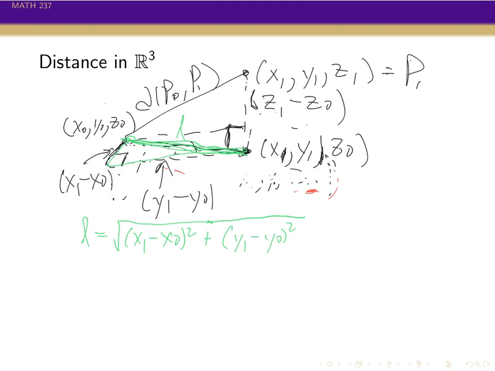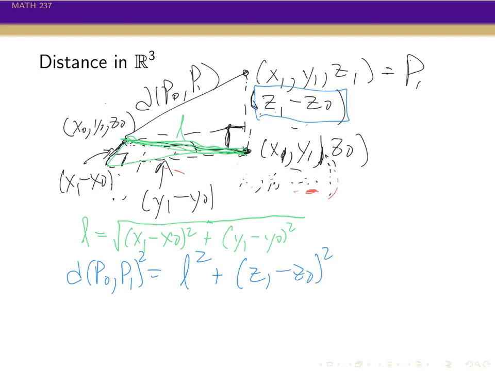Our height is coming from z1 minus z naught. And so our total distance between the two points, P0P1 squared, is going to be this lower hypotenuse squared, that distance squared, plus z1 minus z naught, quantity squared.